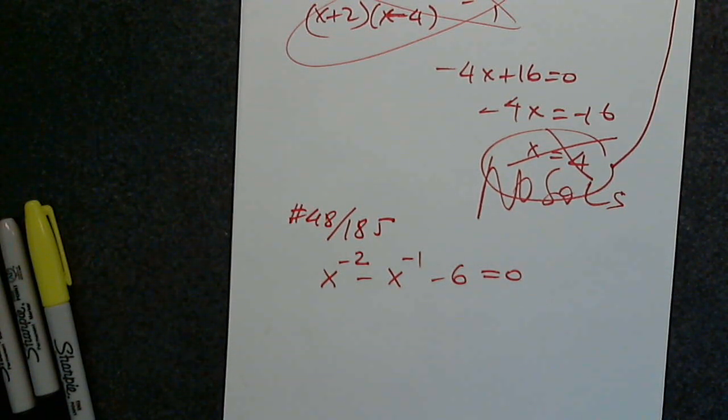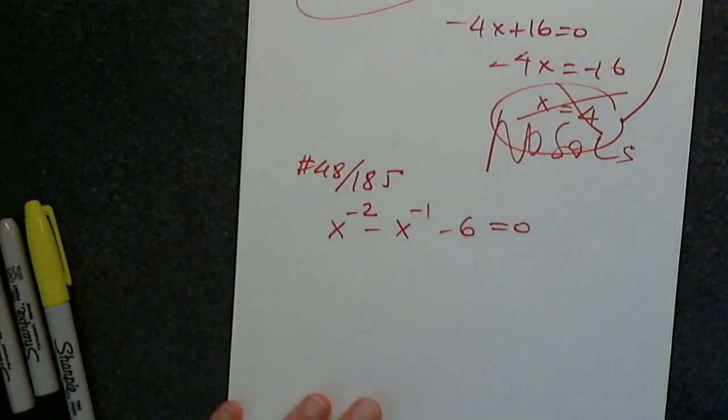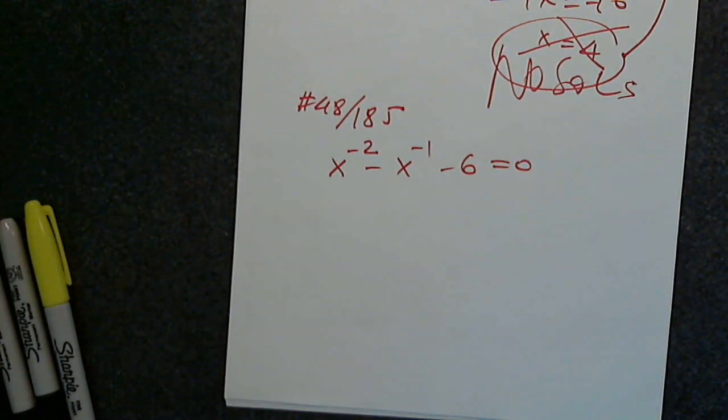And also for inequalities, I want to be specific: linear, absolute value, rational, polynomial. When we get to that. Okay. So here it is. X to negative 2 minus x to negative 1 minus 6 equals 0.